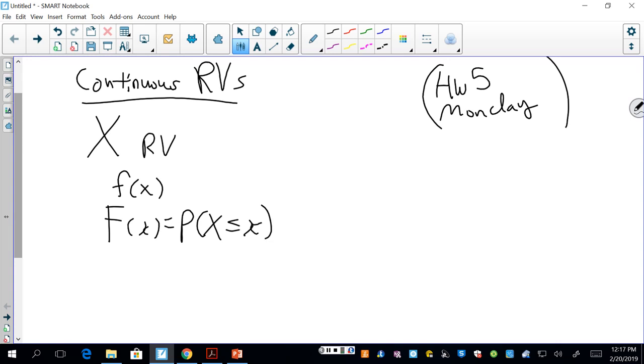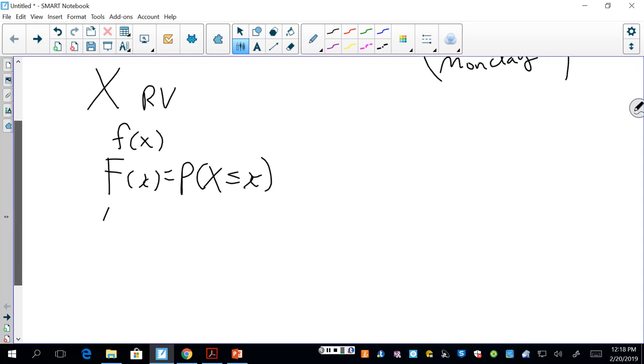We can use these to calculate probabilities of certain outcomes, certain ranges. We could take the expectation of continuous random variables as an integral of our x value times its density, and do a few other things. We looked at a couple of specific examples.